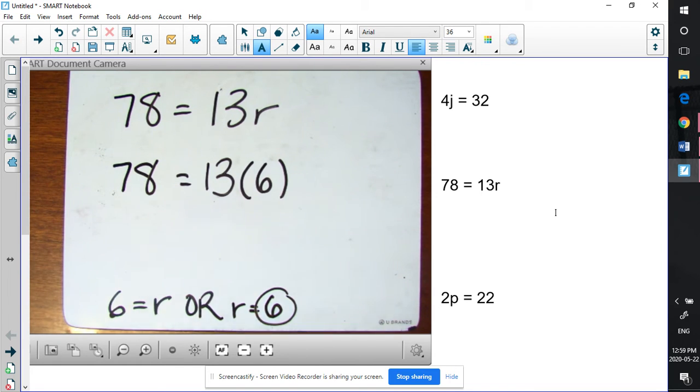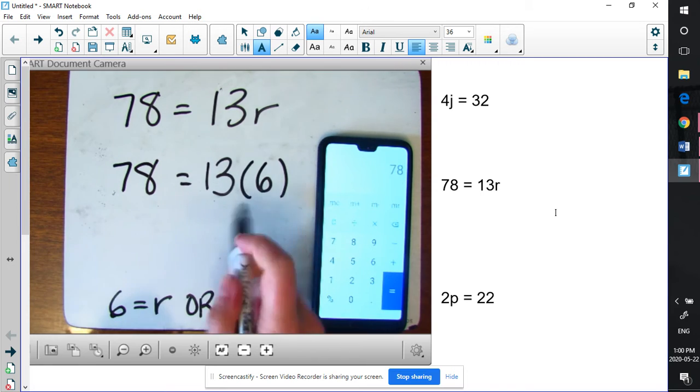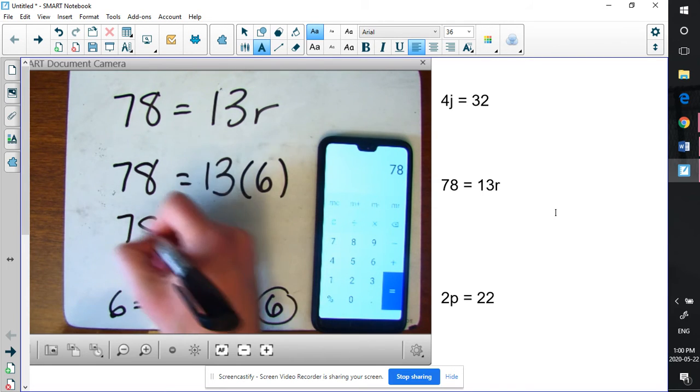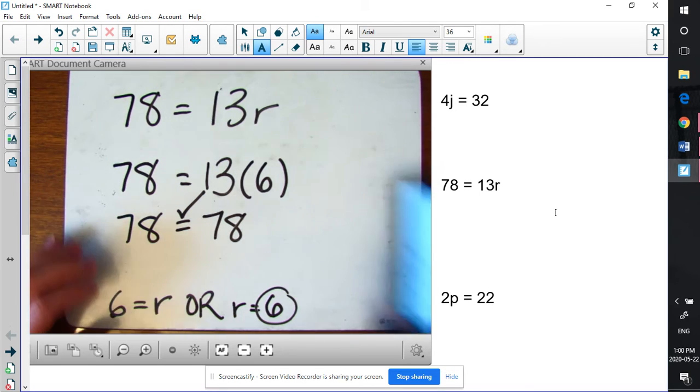So I want you guys to try this one. If you need your calculator, that's okay, but it's always good to try mental math first. That's the only way that you're going to get better at it, is if you try it. So 13 times 6 is 78. So 78 equals 78, and it's correct.